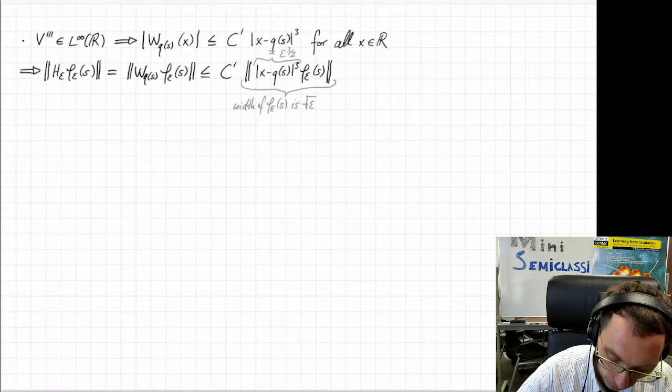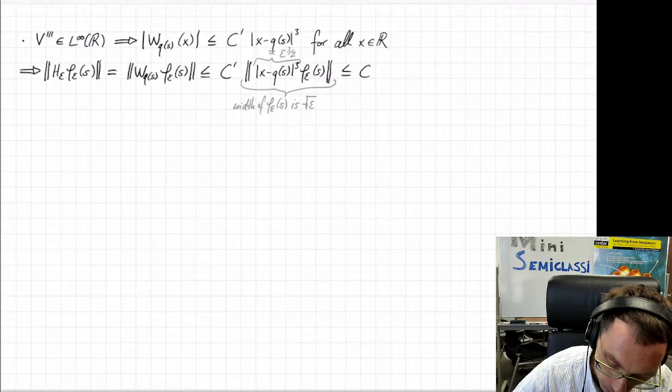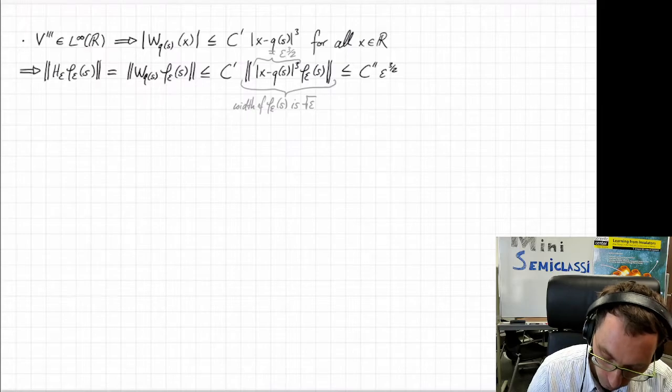Because you have a power 3 here. So the width is square root of epsilon, and I have to take the third power of square root of epsilon. So this is less than or equal to some other constant, c double prime, times epsilon to the 3/2.